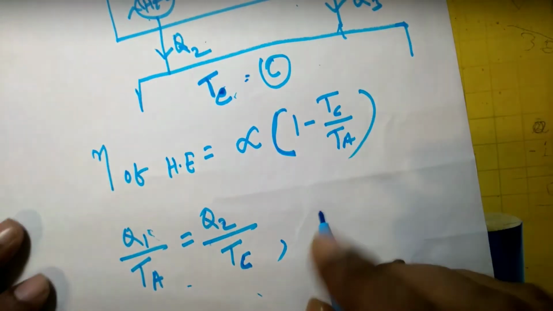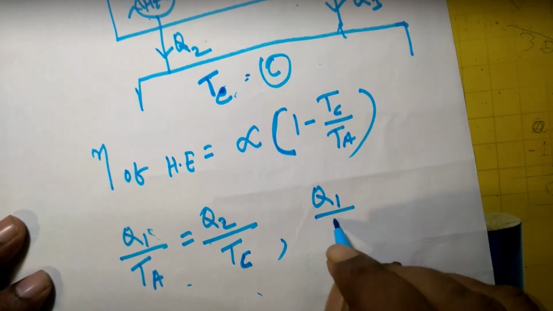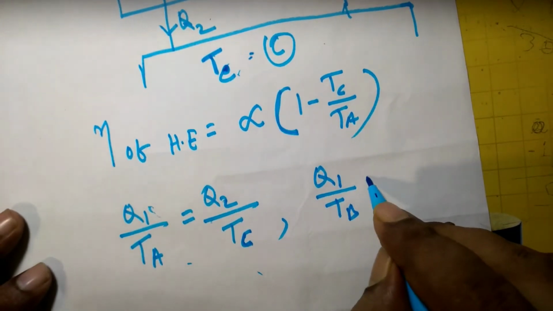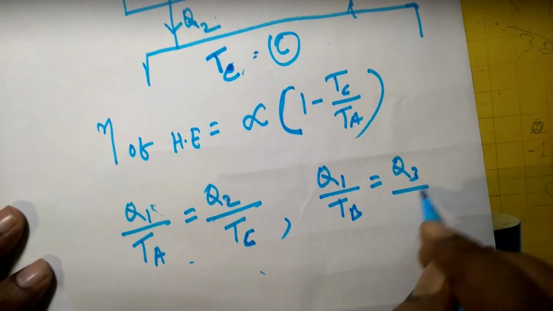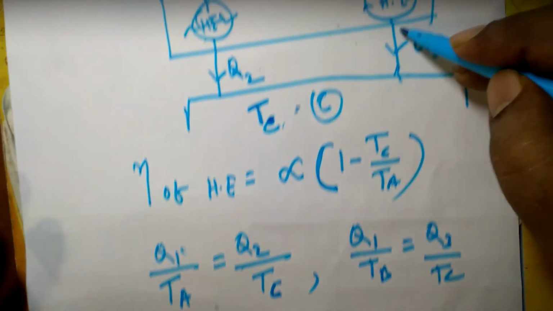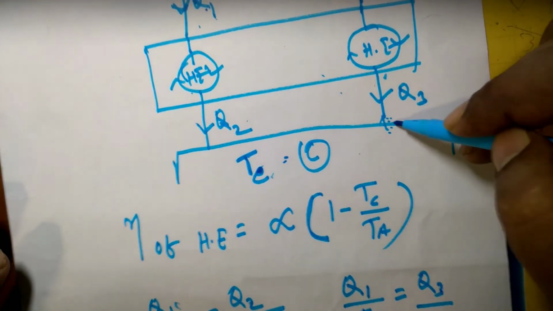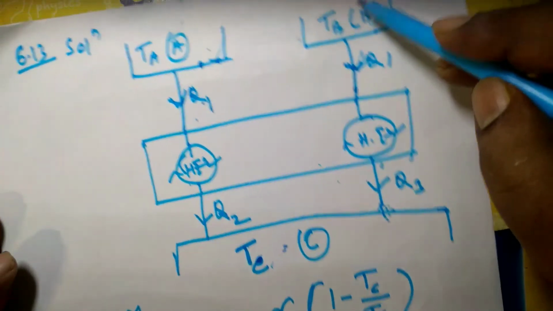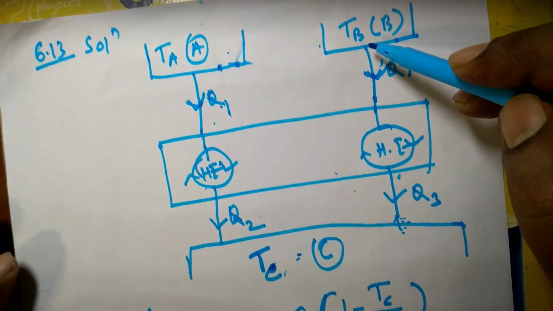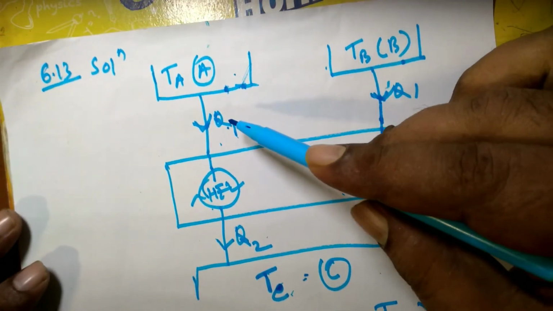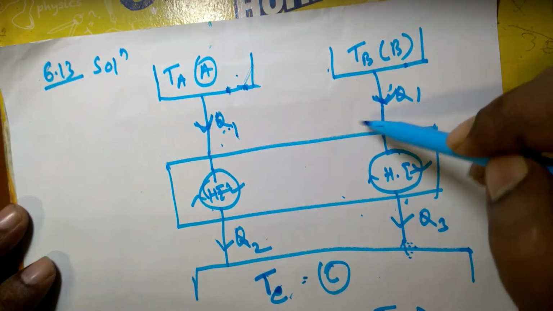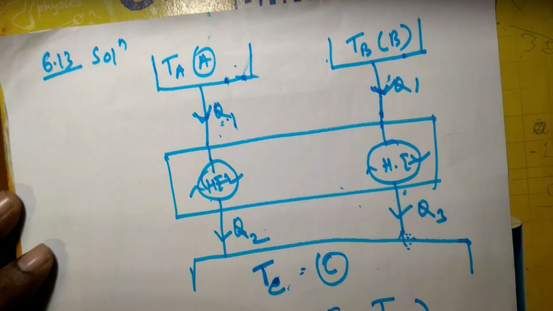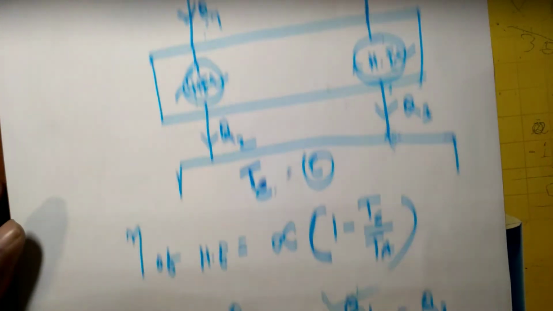And for this case, Q1 by TB is equal to Q3 by TC. Q3 is the heat rejected to the low temperature reservoir TC here, and Q1 is the heat supplied from the high temperature reservoir TB. Since in both the cases heat supplied is same, Q1, so that's why here it is Q1 and here it is also Q1.